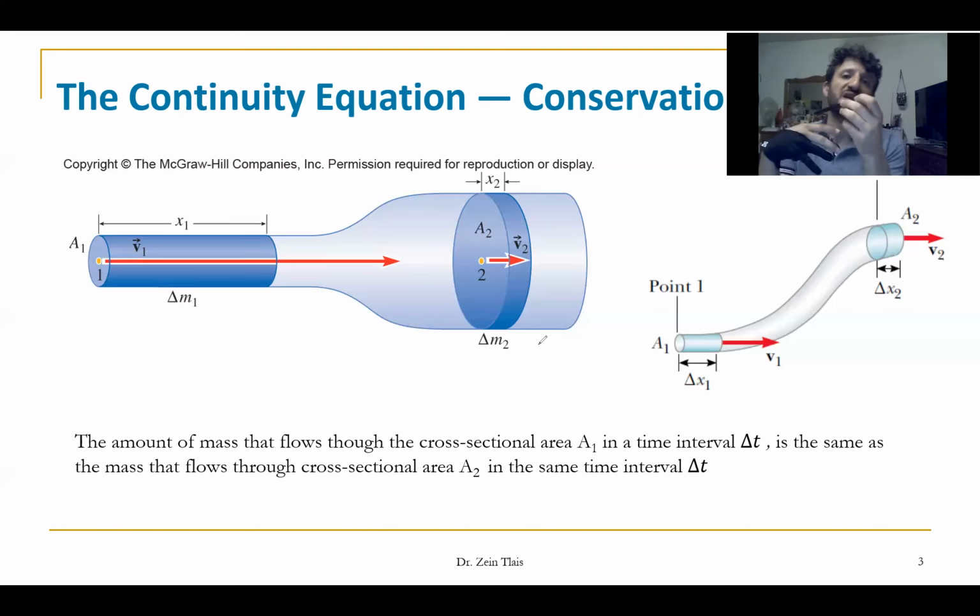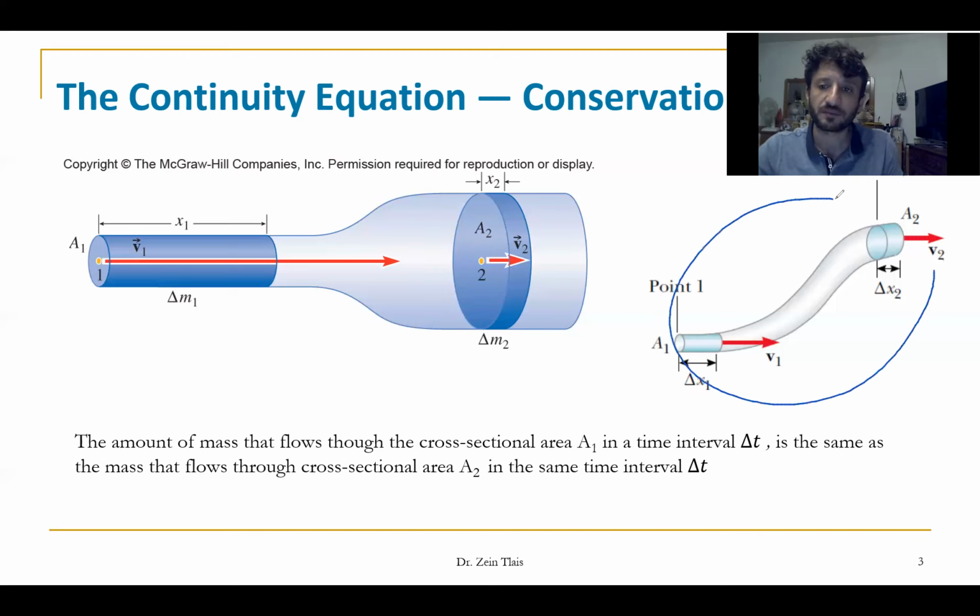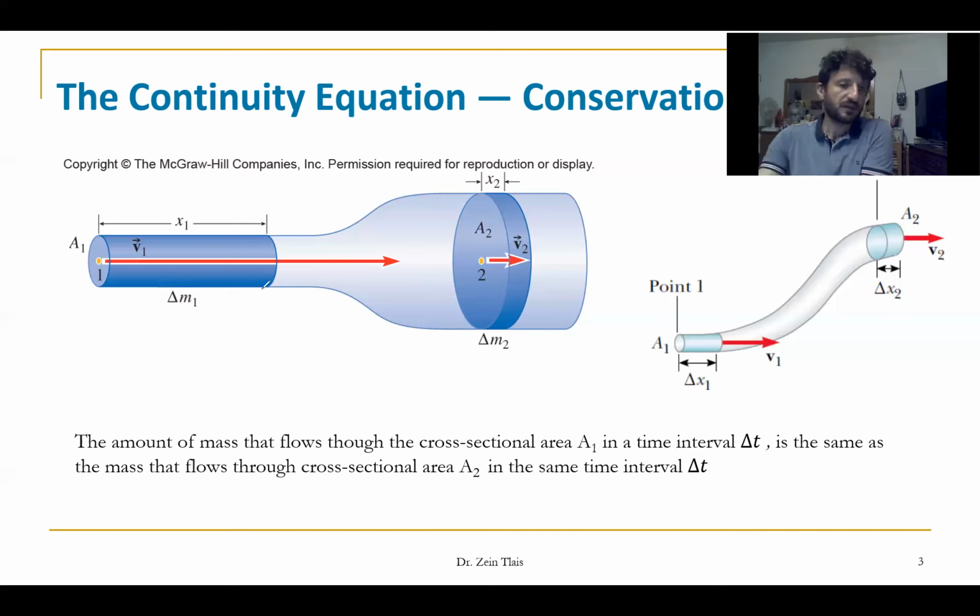So I want to take a general case where we have a different cross-sectional area at the points 1 and 2, and we have a different height at the points 1 and 2, like the figure to the right. Anyway, let me explain first of all the figures 1 and 2.